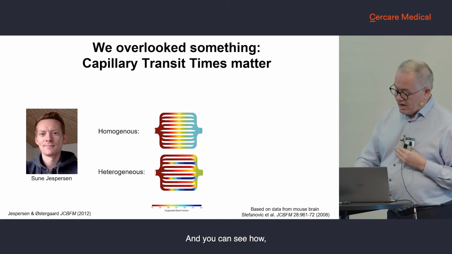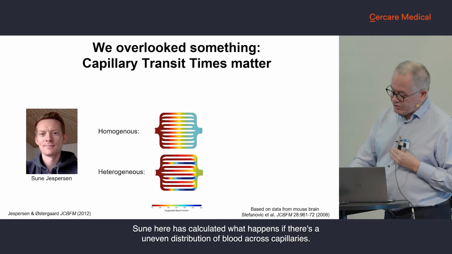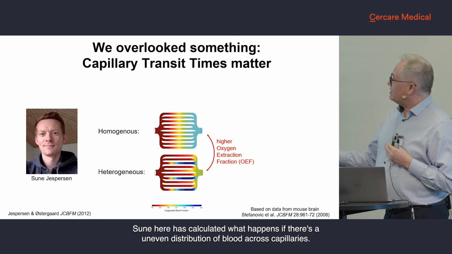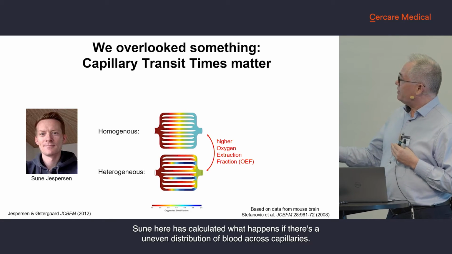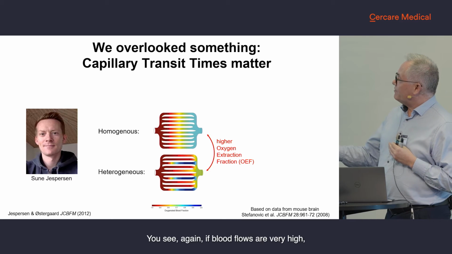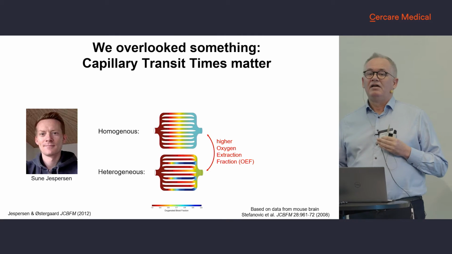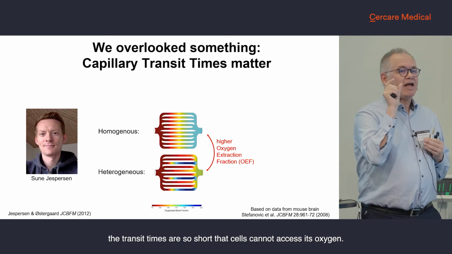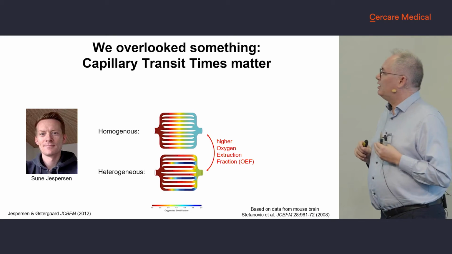And you can see how Sune here has calculated what happens if there's an uneven distribution of blood across capillaries. You can see again, if blood flows are very high, the transit times are so short that cells cannot access its oxygen.